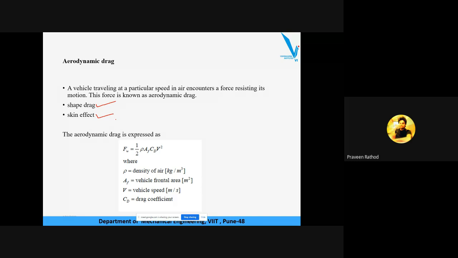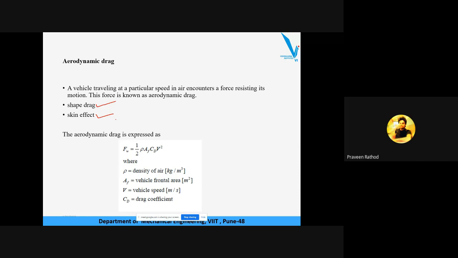The air that is close to the skin of the vehicle will move almost at the speed of the vehicle, while the air away from the vehicle remains still. मतलब कितना क्लोज से मूव होता है एयर व्हीकल के स्किन के साथ, तो उतना ज्यादा एरोडायनामिक इफेक्ट ज्यादा होता है.